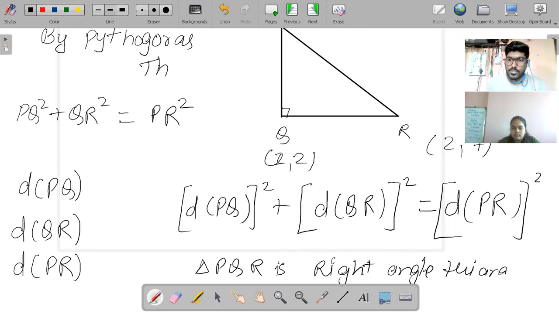Okay, what has to be done? Is it clear? If the distance of PQ square plus the distance of QR square is equal to distance PR square, then you say that PQR is a right angled triangle.